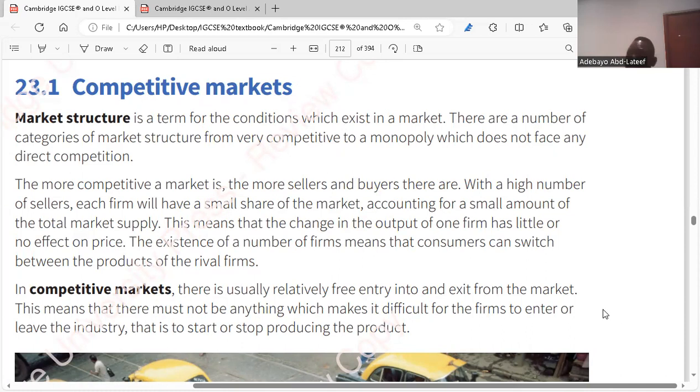So you not producing in that market would not mean that the supply of the products in that market would fall, because the market is already saturated. It's a big market. Yes, it comprises many suppliers. So you stopping supply would not affect the price of the product. So you reducing your output would not have any impact on the price, because there are more firms in that market. Do you get the point? Yes.